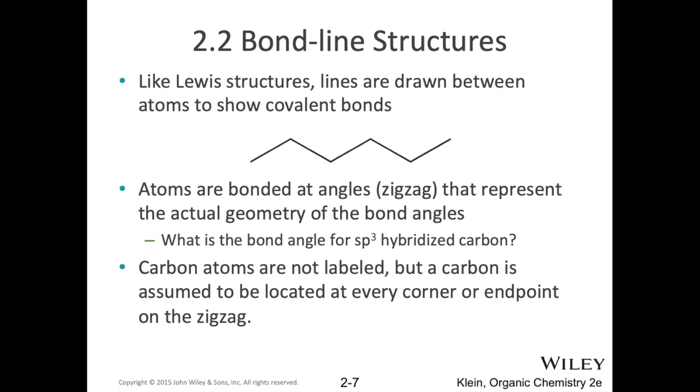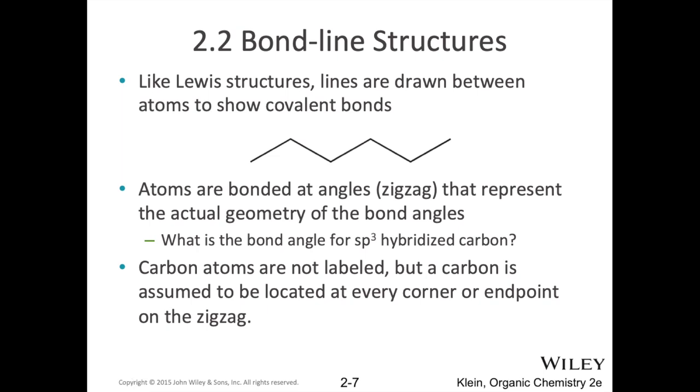Now, why do we use a zigzag? Because remember, carbons with 4 bonds are tetrahedral in shape. So the bond angle between one carbon-carbon bond and another is going to be roughly 109 degrees. In order to represent that there are multiple carbons here and they are connected to each other, we draw this line in a zigzag so that each bend in the line represents a carbon.